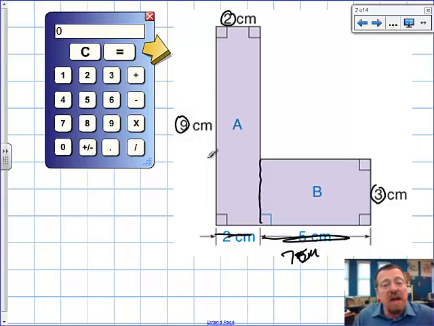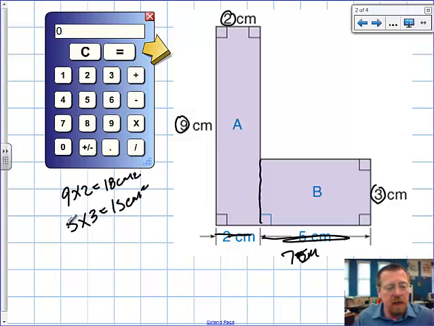Okay? So to figure this out, 9 times 2 gives you 18 square centimeters, and 5 by 3 gives you 15 square centimeters. And if you add the 2 up, it comes to 33 square centimeters.